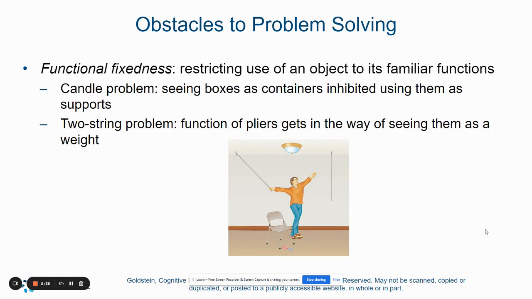We also can use them as support beams. The two string problem is the idea of if we needed to connect these two strings, as you see in the pictures, what is the best way for us to do it? If we only think we can reach and tie them together, and we never think about the fact that there's a chair, that there's some pliers, and maybe we can use those items to help us connect the strings. So functional fixedness is when we just kind of get stuck in one particular mindset.